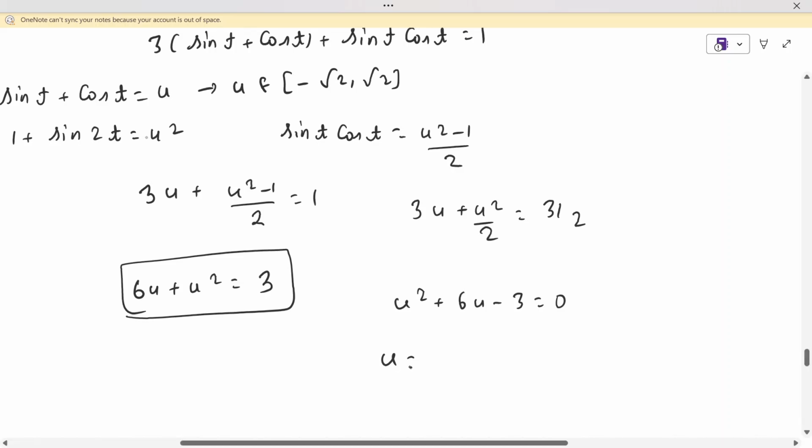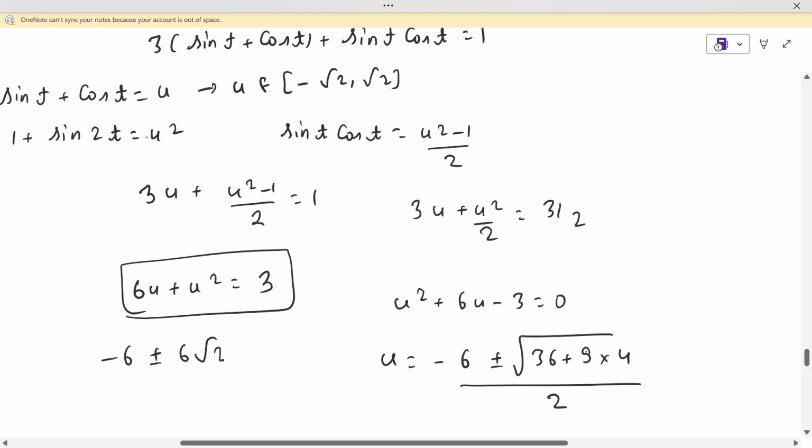So u is minus 6 plus minus the square root of 36 plus 9 into 4, by 2. So minus 6 plus minus 6 root 2, by 2. So minus 3 plus or minus 3 root 2. Got it?